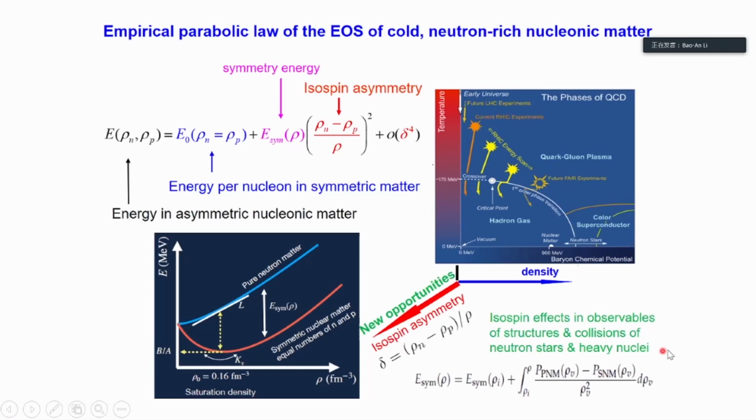So we know that some of the properties of observables in nuclear structures or nuclear reactions are sensitive to, or reflecting, pressure in asymmetric nuclear matter. So by using observables in nuclear reactions or nuclear structure, we can infer from there the density dependence of symmetry energy.